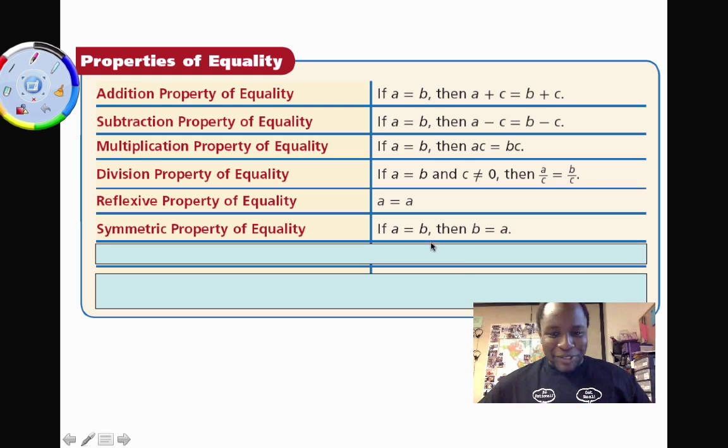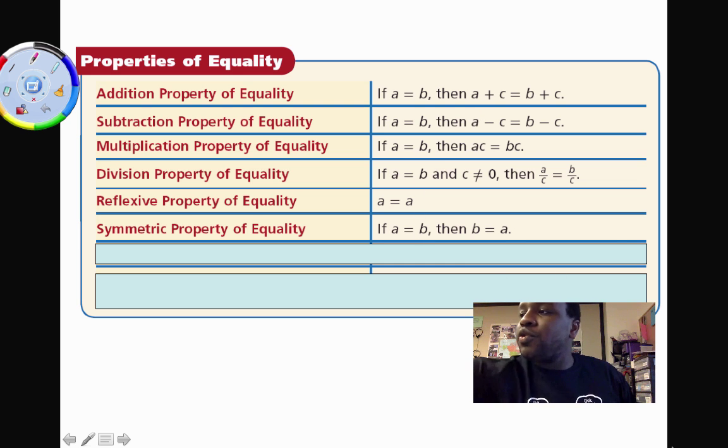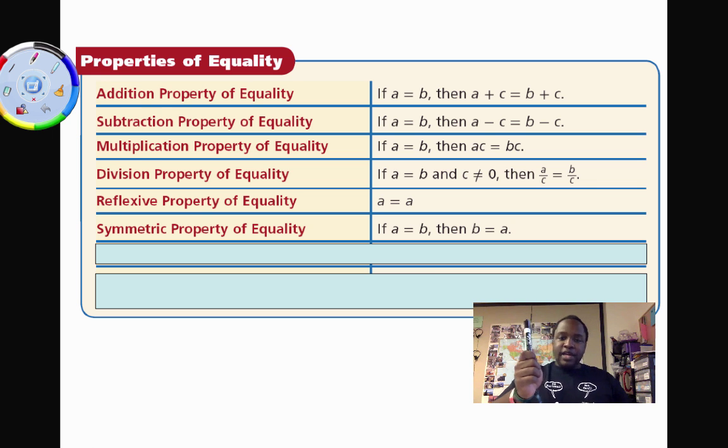But if I had one of those twins, then we would be equal either way that it goes. So if I had two markers, this pen is equal to this pen, but this pen is also equal to this pen. Whereas the reflexive property is that this pen is equal to this same pen.